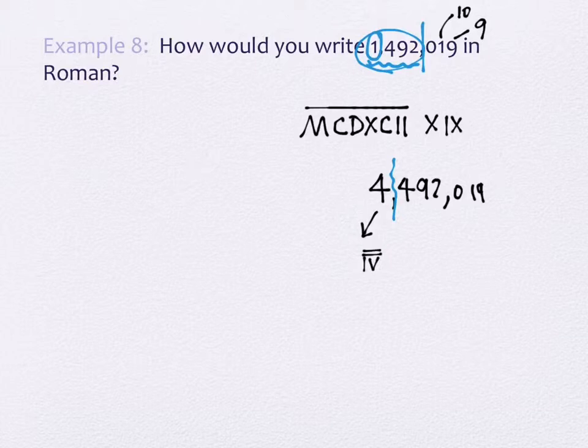And then the rest of it would follow. 400 would be CD, 90 would be IX, the 2, and then it would be over 1,000, and then I'd have my 10, which is XIX. But it's simply because the number is able to be done without going any bigger.